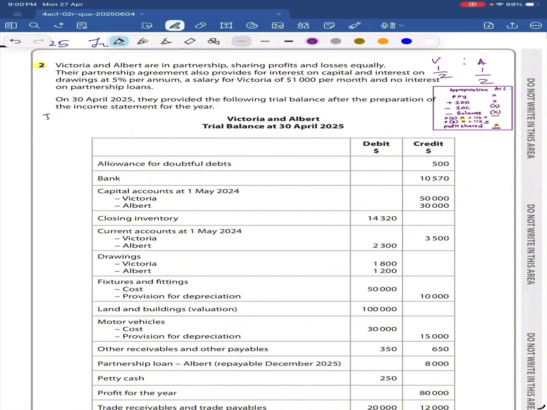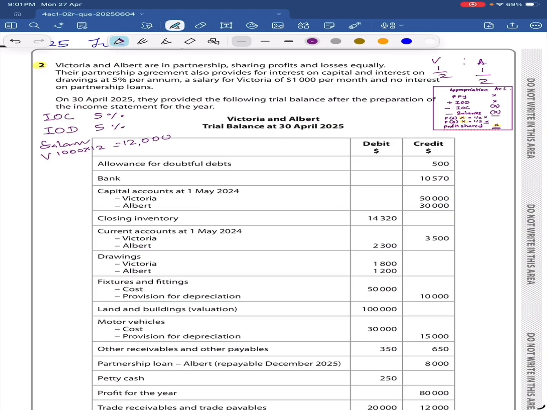So, interest on capital is 5%, and interest on drawings is 5%. A salary of $1,000 per month for Victoria, and no interest on partnership loans. That means the salary is only for Victoria, that's 1,000 per month times 12.